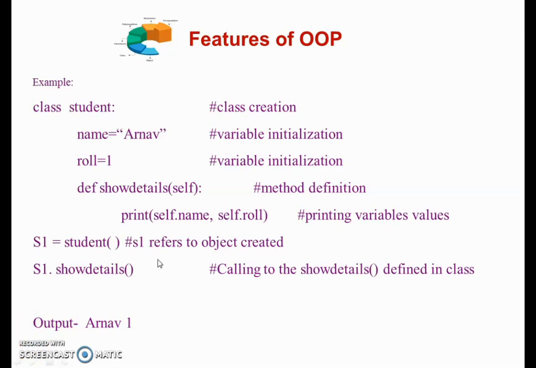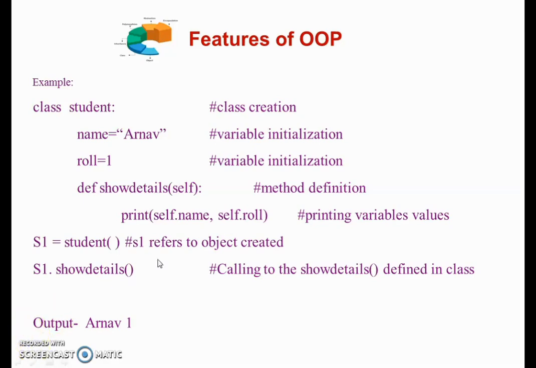Then I ended my class, and outside the class I created s1 as an object of the class by using the same syntax: object name is equal to class name followed by opening and closing parenthesis. So s1 is referred to as an object of the class Student.